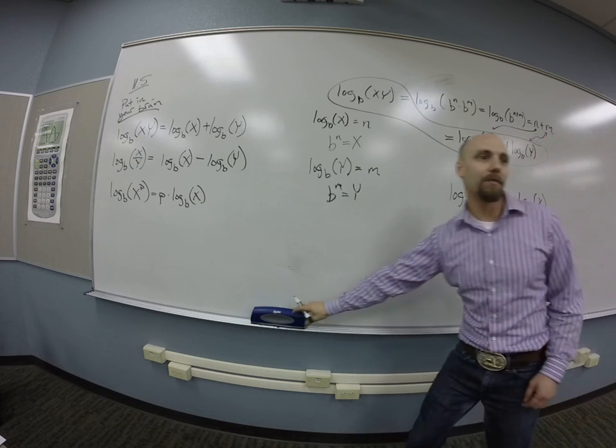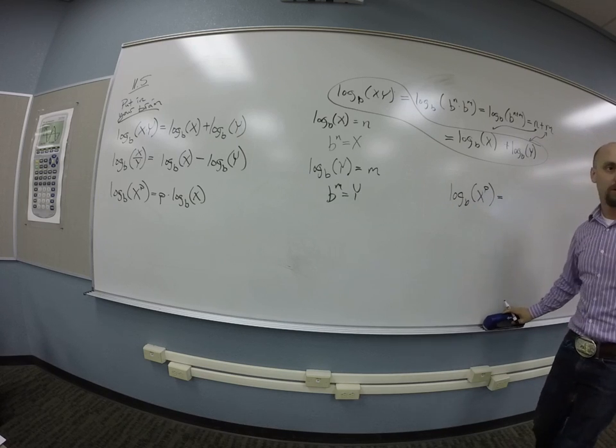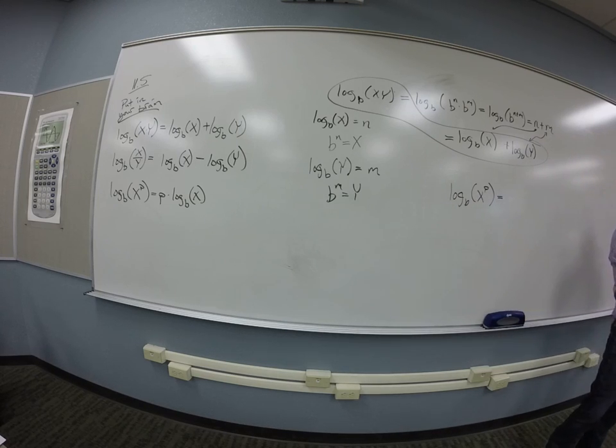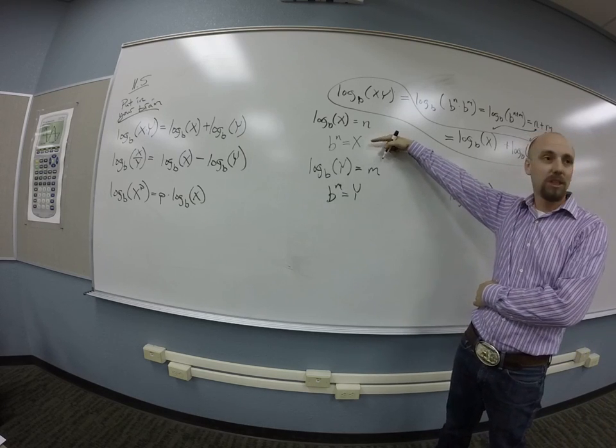Let's start with just the left-hand side and see if we can get the right-hand side. Okay, so what was my trick last time? You guys recognize what the kind of weird trick was last time? Setting x to be something else. Yeah, I sort of replaced x with something else, right?